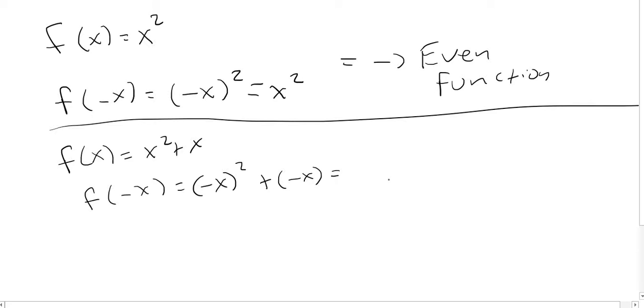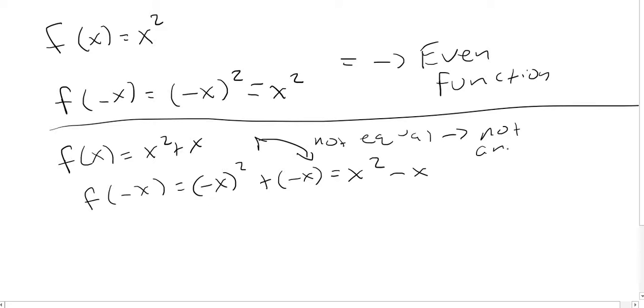Well, negative x squared is still positive x squared, but then plus the negative x becomes minus x. What you see is these two are not equal. F of negative x does not equal f of x, so that means that this is not an even function. That's the test for an even function.